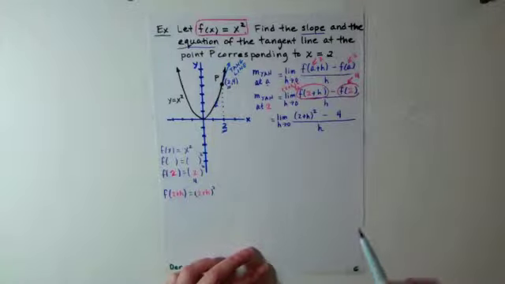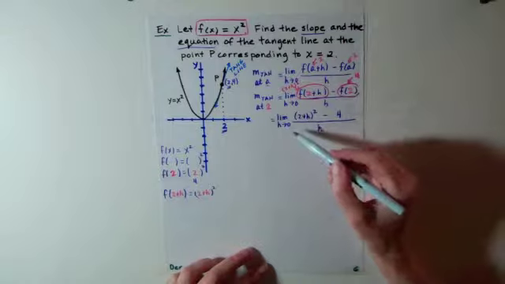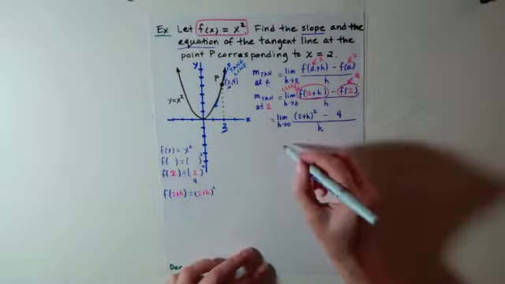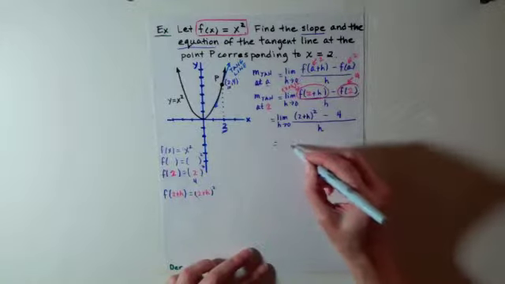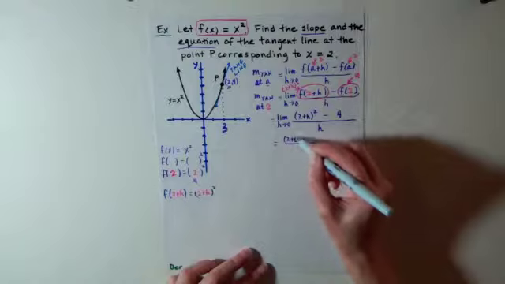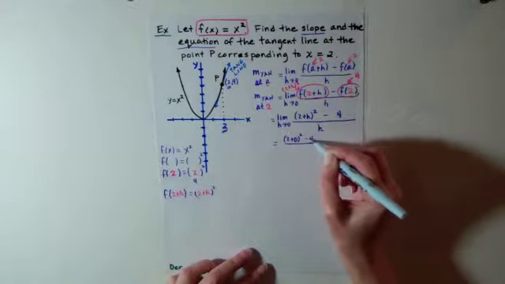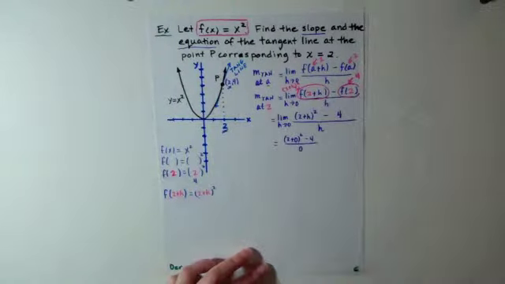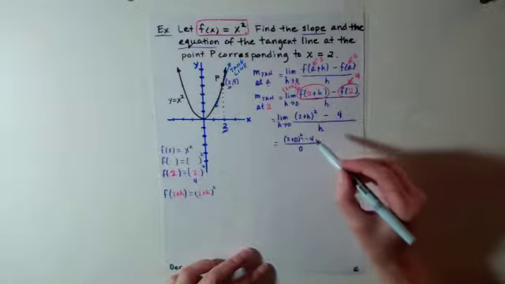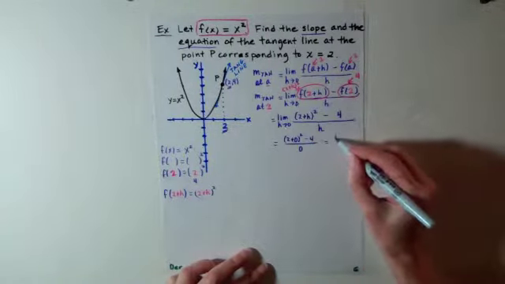Well, as long as the denominator does not have a limit of 0, remember we said we could use direct substitution. So what would that mean? It would mean to find this limit, I'd say, oh, I'm just going to replace h with 0 in the top, and I'm going to replace h with 0 in the bottom. But notice in the top, I get 2 squared, which is 4, minus 4, or 0.